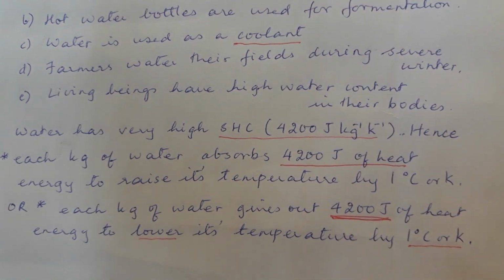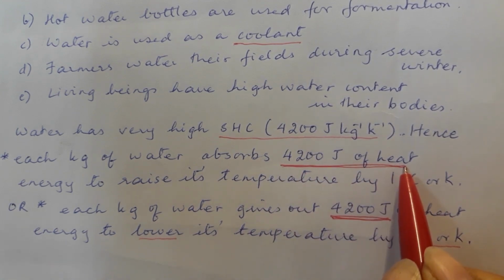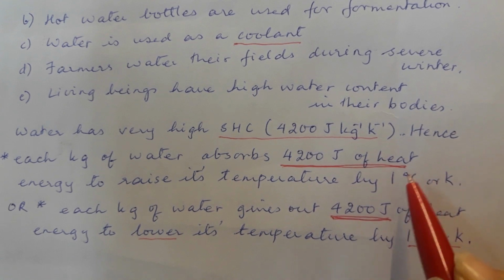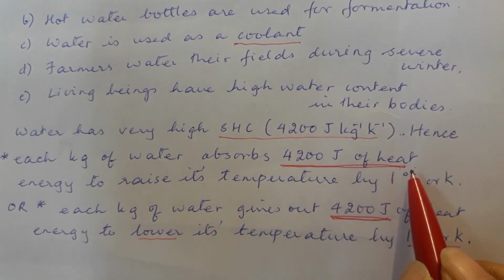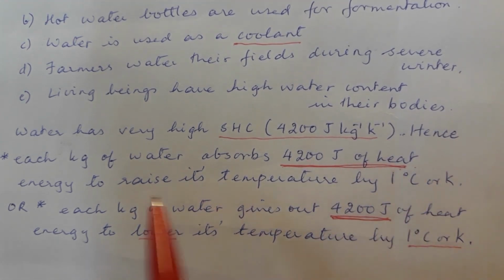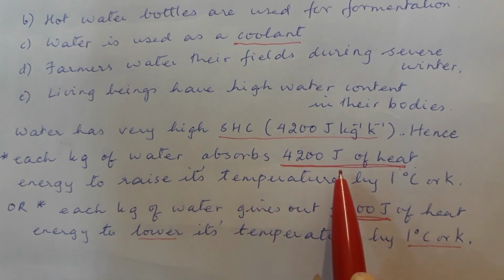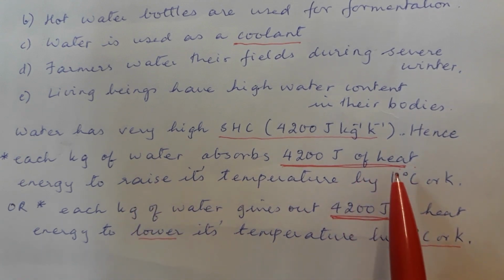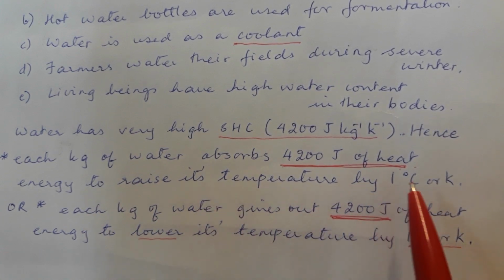Hence each kg of water is going to absorb 4200 joules of heat energy from the heated machine parts, and it is going to lower their temperature, while the water's own temperature rises. Hence it lowers the temperature of the heated machine parts in order to raise its own temperature by 1 degree C. And so it causes a considerable fall in temperature of the heated machine parts.